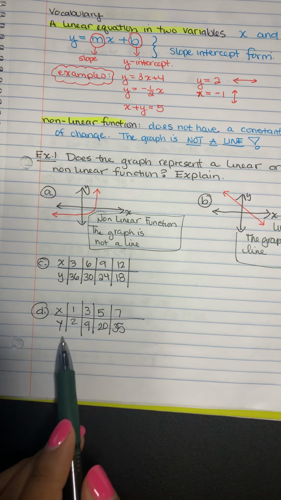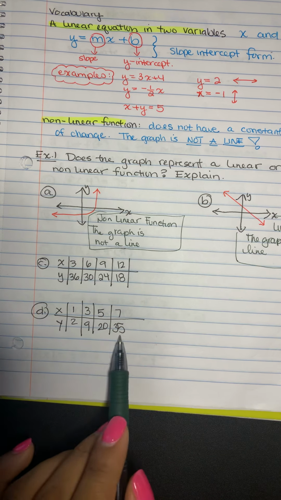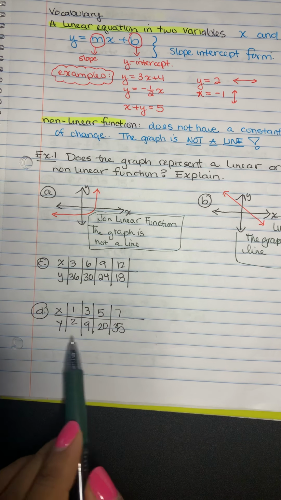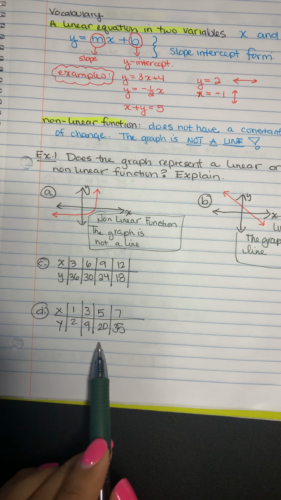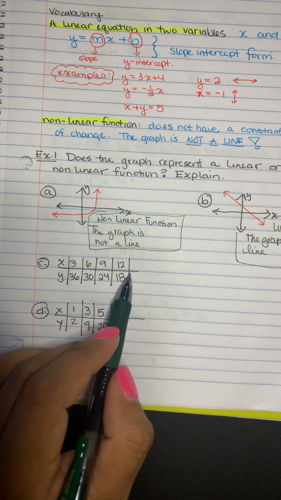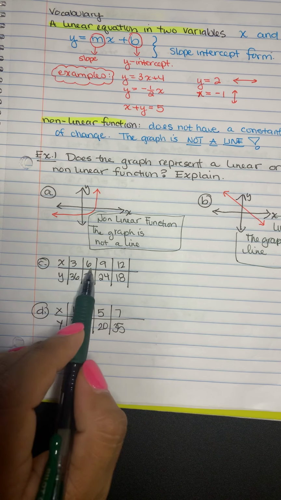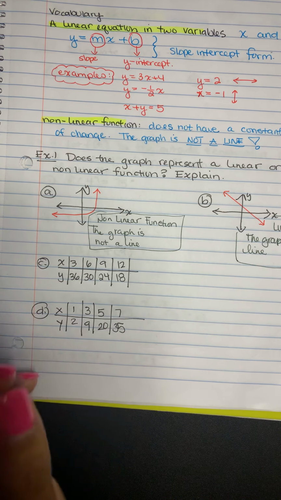If there's a constant rate of change, then we have a linear function. If it's not, then we do not have a linear function. Okay, so you want to check all of the values. So you don't want to just check between 3 and 6 and 6 and 9. You want to check all the values.